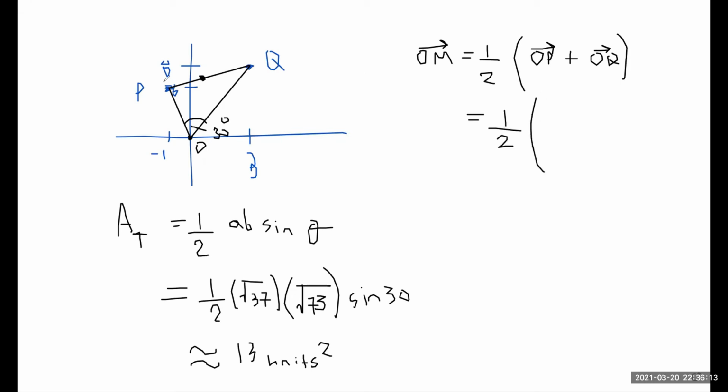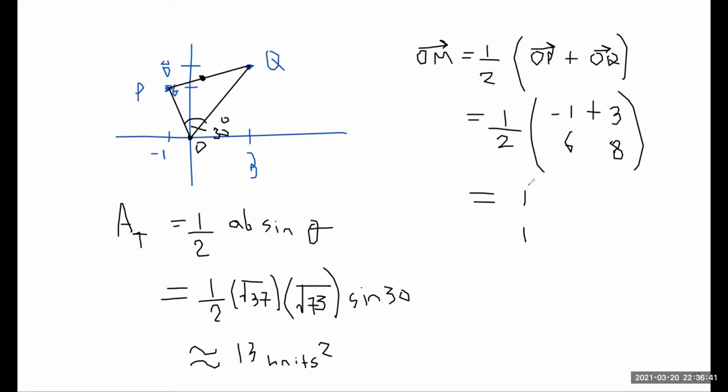Let's add them. OP is (-1, 6) plus OQ, where OQ is (3, 8). Now we're going to take half of that. Minus 1 plus 3 is 2, half of 2 is 1. And then 6 plus 8 is 14, half of 14 is 7.